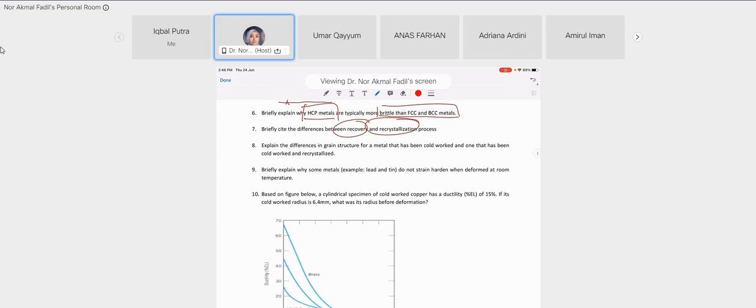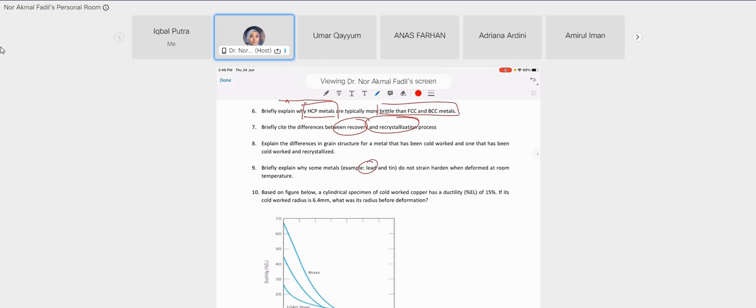Briefly explain why some metals, for example lead and tin, do not strain harden when deformed at room temperature. Why? The reason is because they have a low melting temperature.